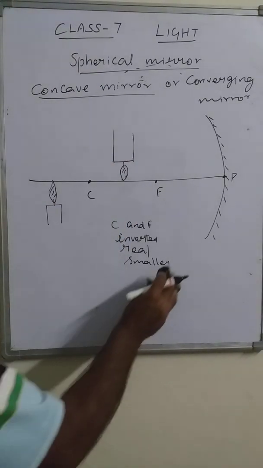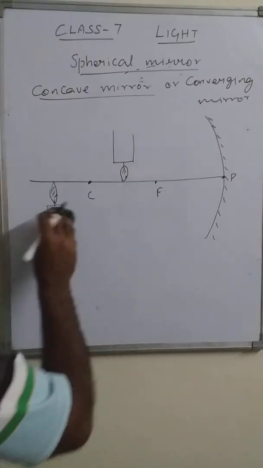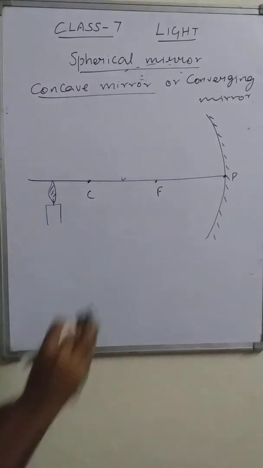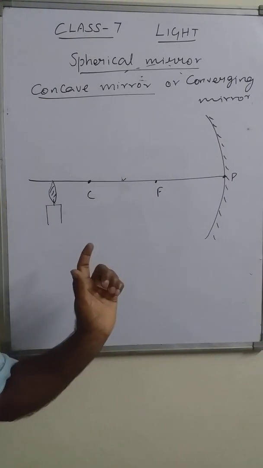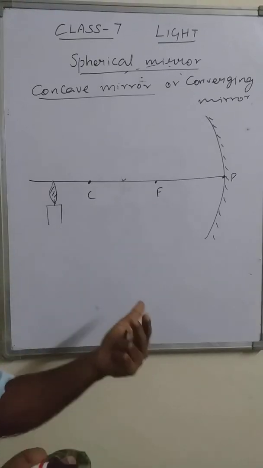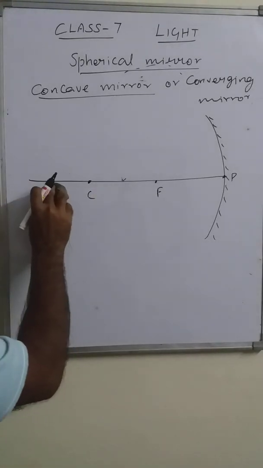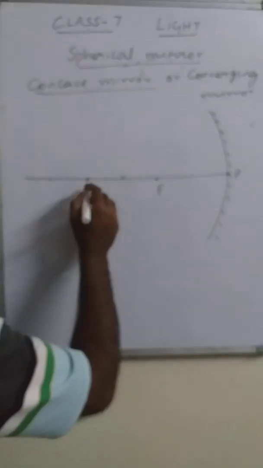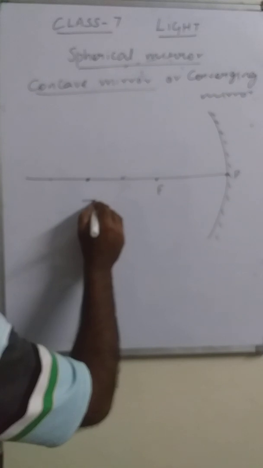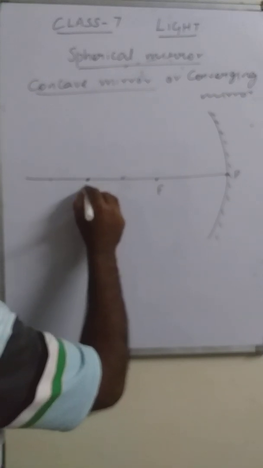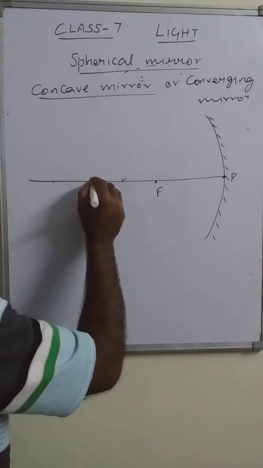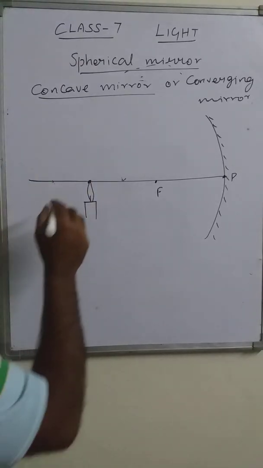Then we move the same candle. You can do this activity slowly; you have to take much time to perform it. Then this candle is going to move one step further. Here we are moving this candle to the position of the center of curvature. Now it is placed at the center of curvature. For this position, you get the image at the same position.